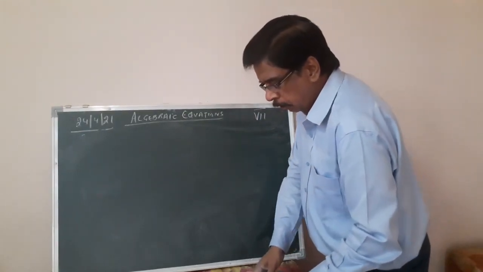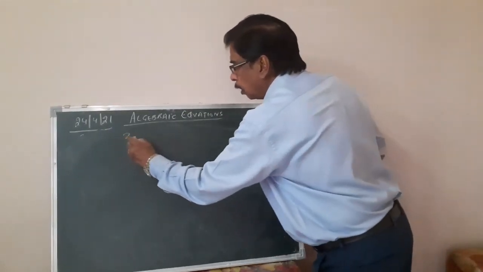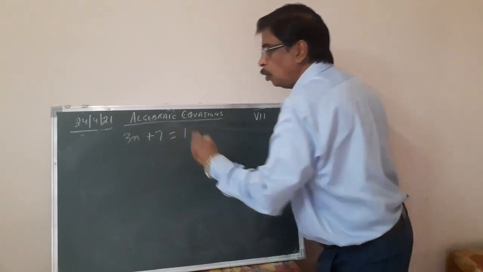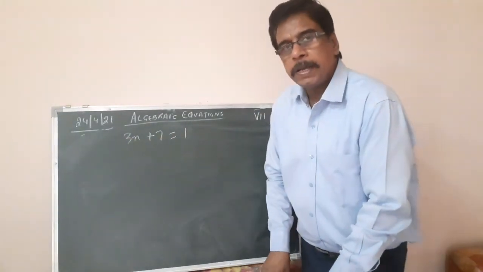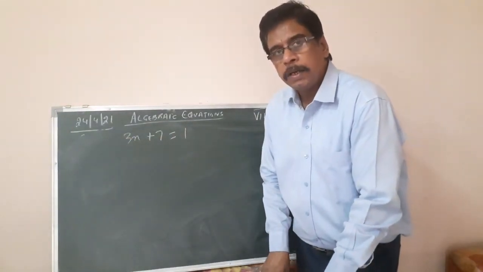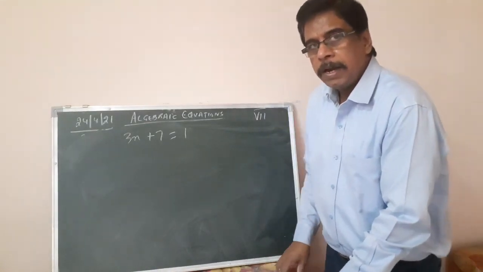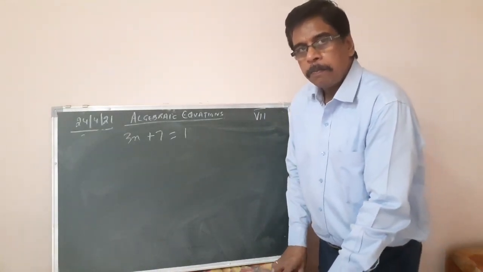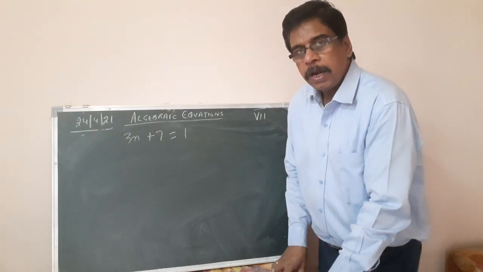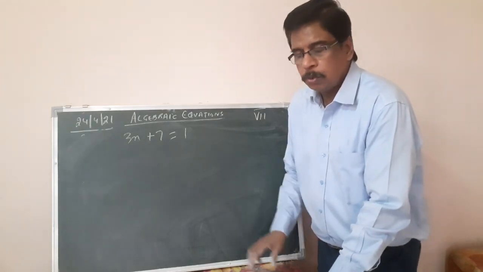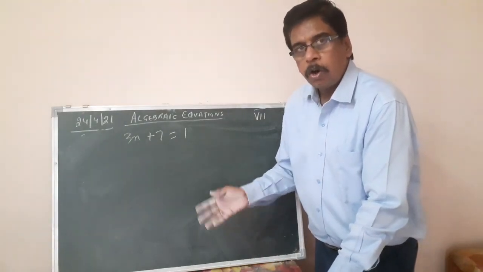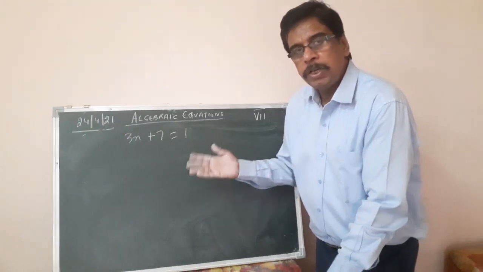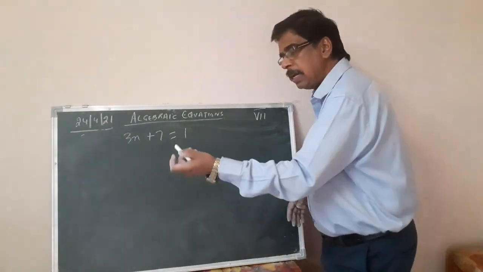Take the next one. 3n plus 7 is equal to 1. In this case, a number n multiplied by 3 added to 7 gives 1. You can write the statement this way, or 7 added to 3 times the number gives 1. Any way you can.